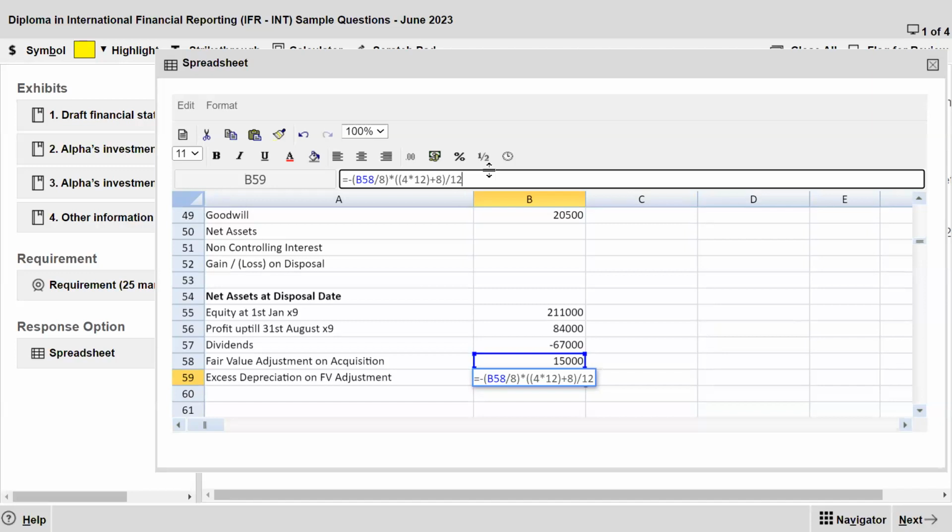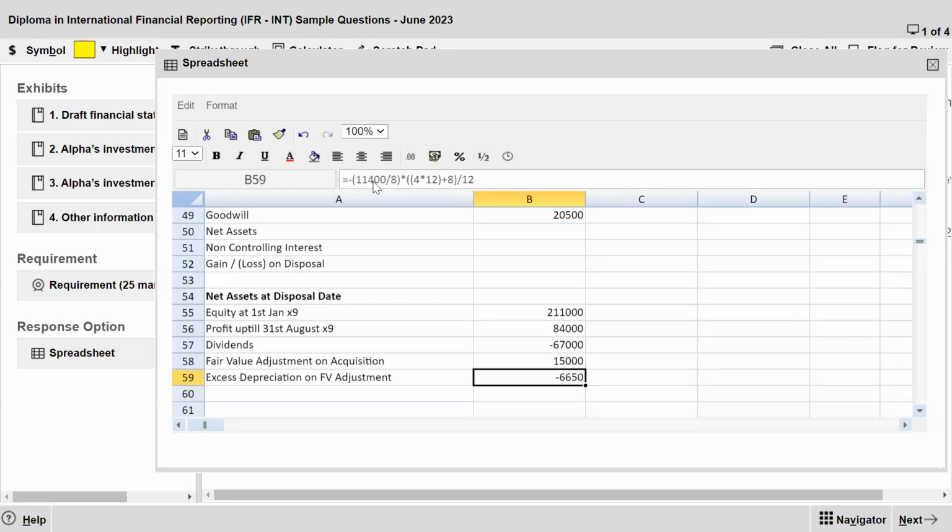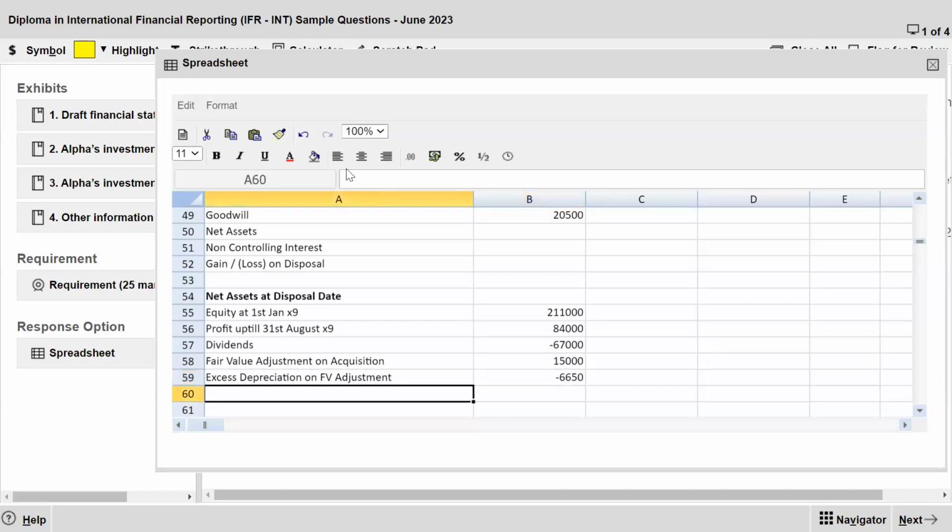In fact, I think 11,400 of this is depreciable. Okay, so this is the excess depreciation on the fair value adjustment.